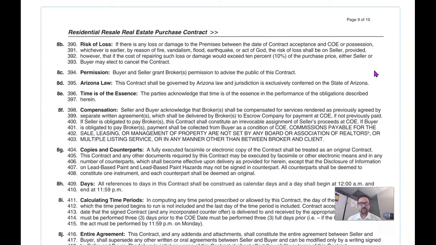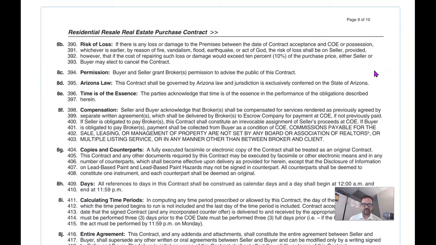Provided, however, that if the cost of repairing such loss or damage would exceed 10% of the purchase price, either seller or buyer may elect to cancel the contract. Now, if you remember, a couple sections back, the contract was saying that the seller was going to maintain the property in the condition it was when we went under contract.